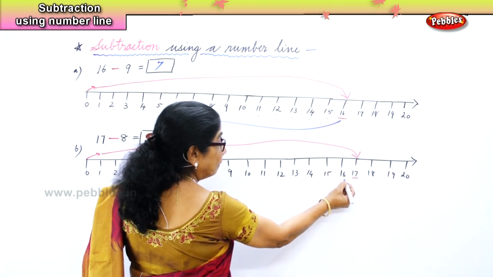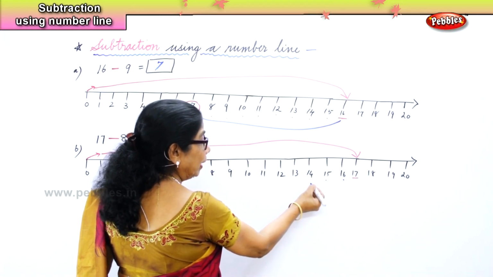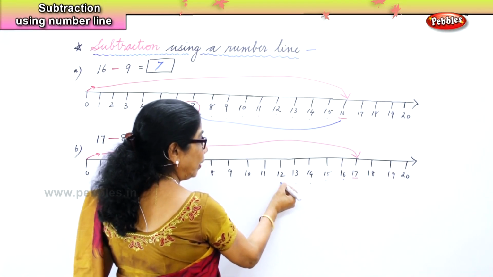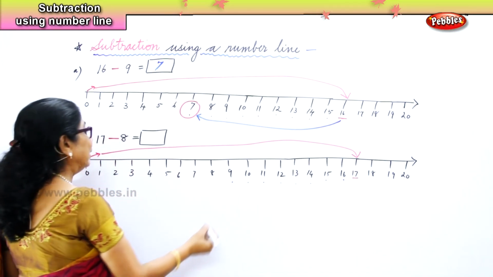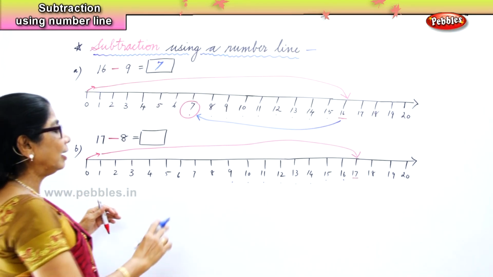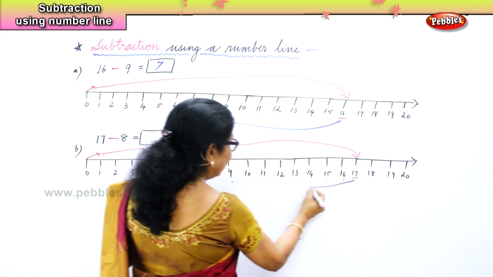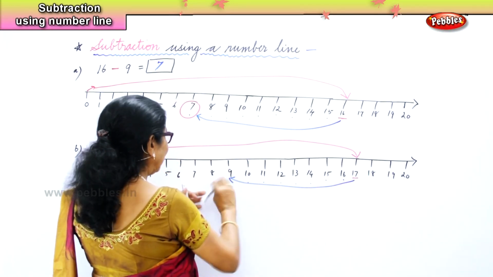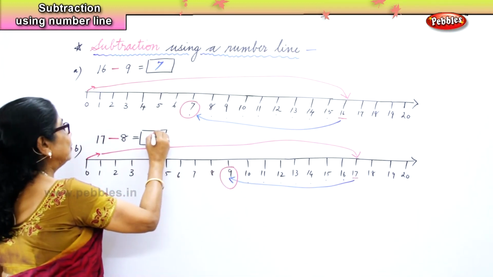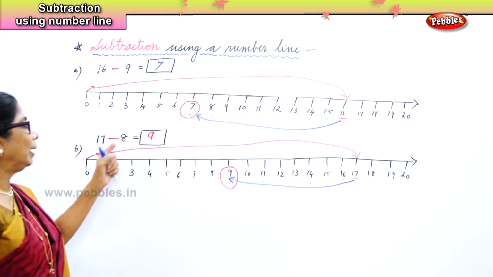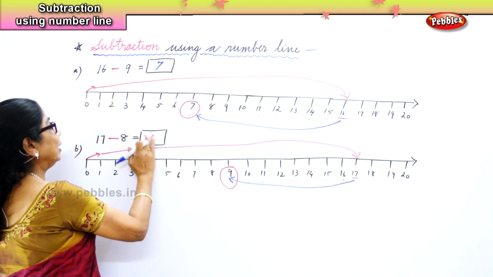Then you count backward 8. 1, 2, 3, 4, 5, 6, 7, and 8. 17 take away 8 is 9. From 17, draw an arrow back to 9, and your answer is 9. Got it?